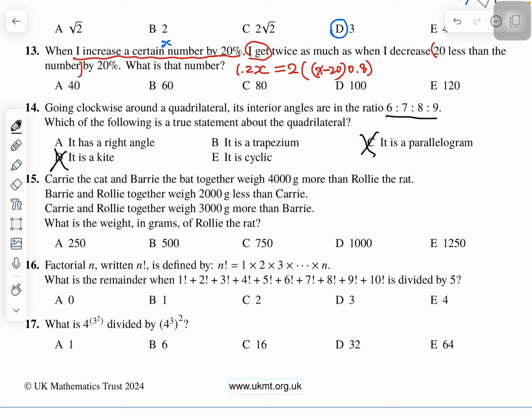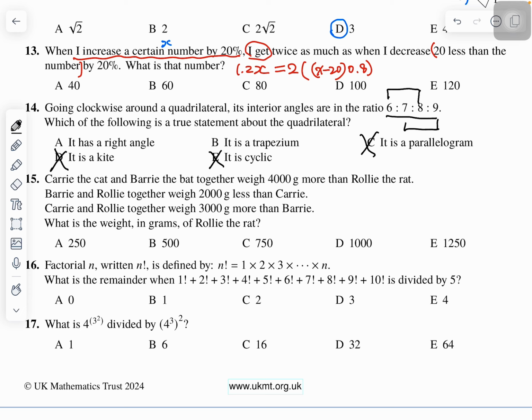And we can also tell this and this are opposite angles, and these are opposite angles. But when we sum them together, it's 14 and 16, which are not congruent, because if the opposite angles were 180 and 180, both would be congruent. So this is not cyclic.